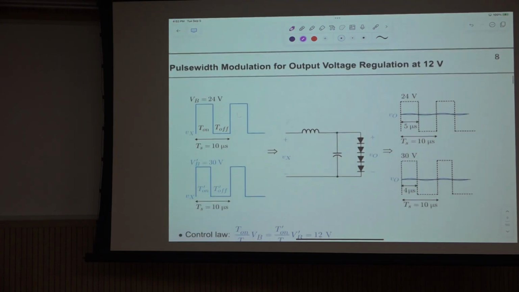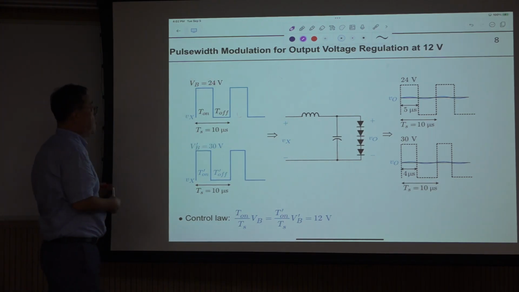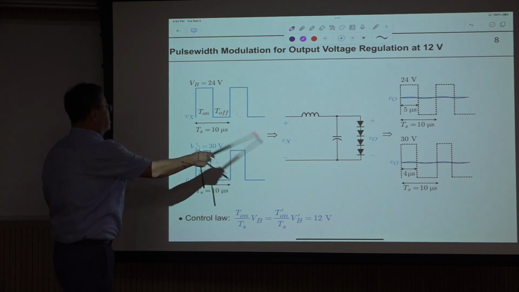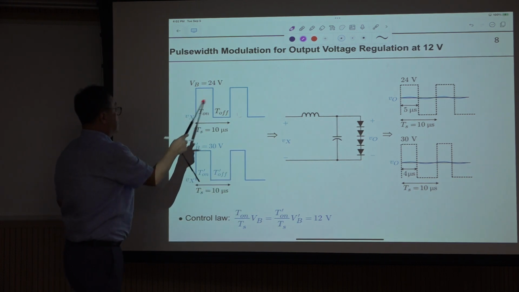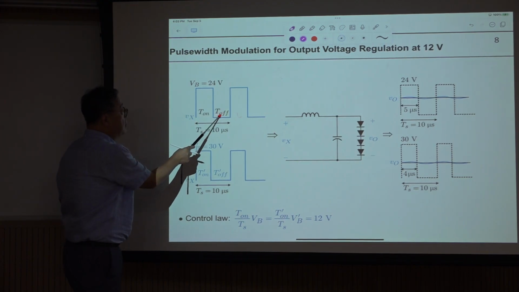Let's discuss the basic features of PWM, which is very intuitive and very easy to understand. All right. So you have this part. This is the part of the previous circuit, and so Vx is this one. So this voltage is 0, and this voltage is 24 volt. All right.